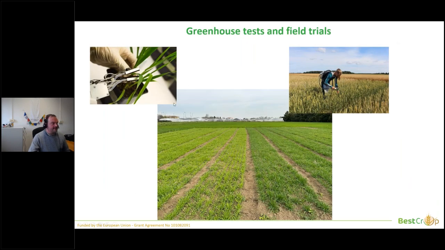The lines will also be checked under controlled conditions in greenhouses, and a subset of them will then be moved to the field. This is, for instance, one of our first field trials, where you can recognize one of our pale green mutants grown together with the corresponding control.